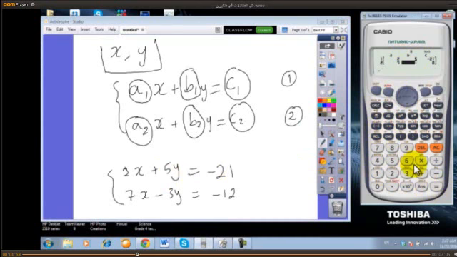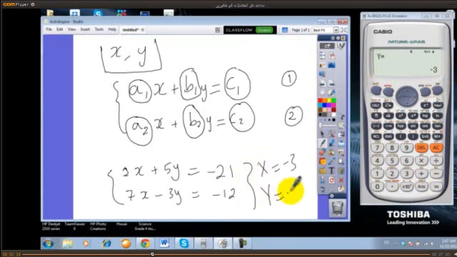Now the values for the second equation: 7 is the coefficient of x, negative 3 for y, is equal to negative 12. So x is equal to negative 3 and y is equal to negative 3 as well.